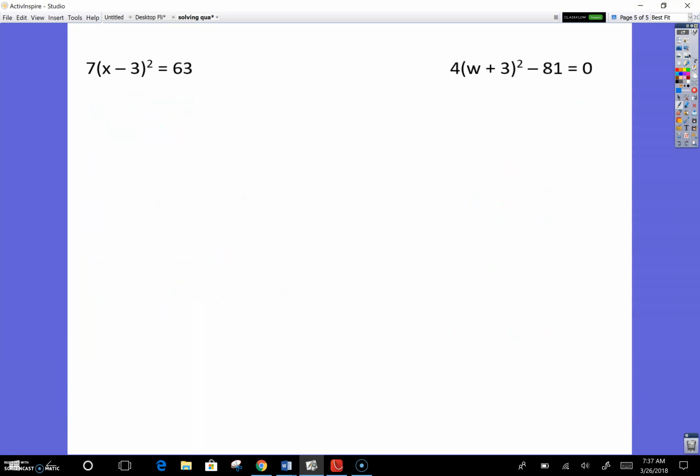Alright, now you have the ones with parentheses. The steps are actually a little bit different. The first thing we need to do is isolate the parentheses. The 7's on the outside, so I divide by 7.